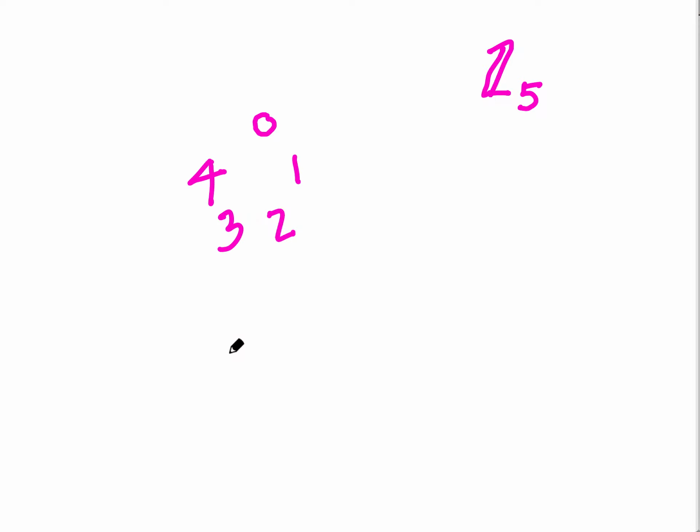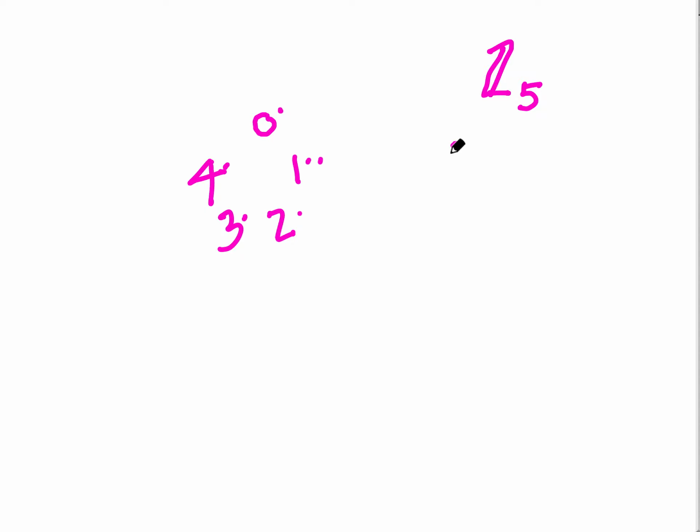Those are the 5 numbers. I've written them in the clock form. And if I'm going to count, let's say I'm going to count to 6, I start here, I go 1, 2, 3, 4, 5, 6. The answer then is 1.